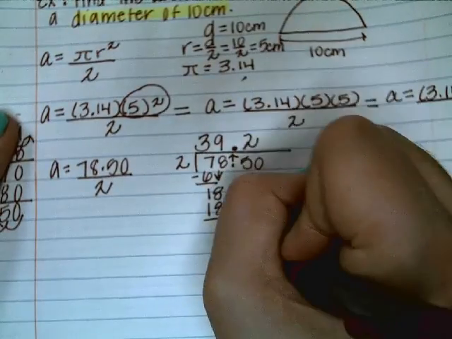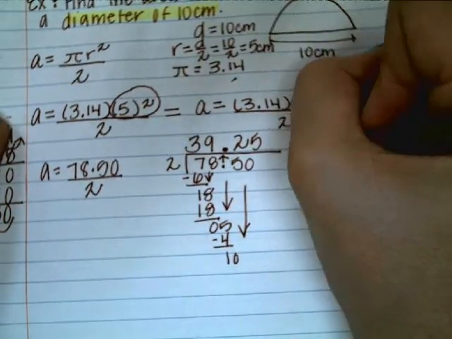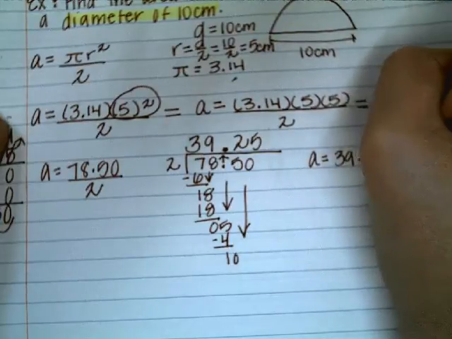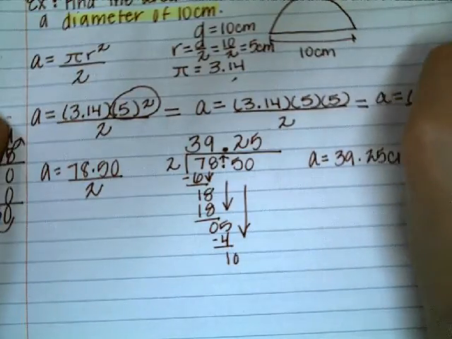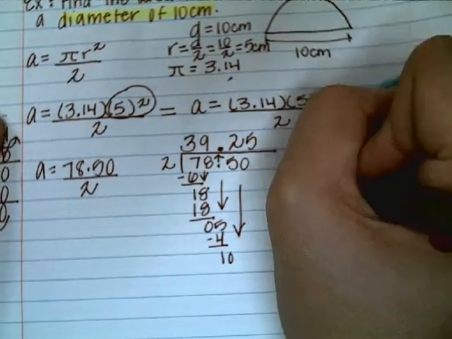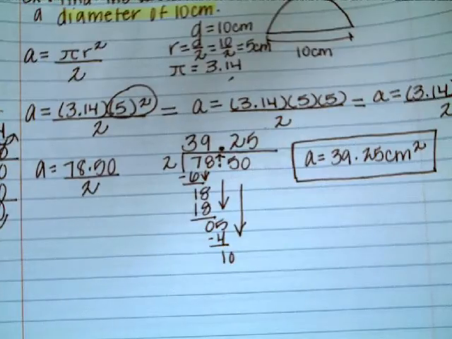And 2 can go into 10 5 times. So our area for this half circle is 39.25 centimeters squared. So it's important to know that when you're talking about a semicircle, you find your regular area and then just divide it by 2.